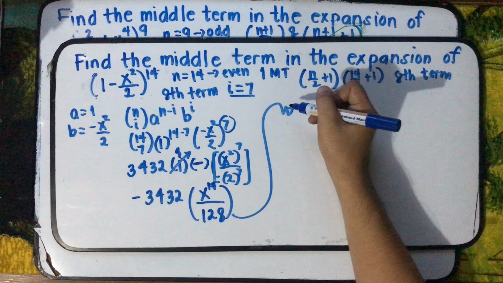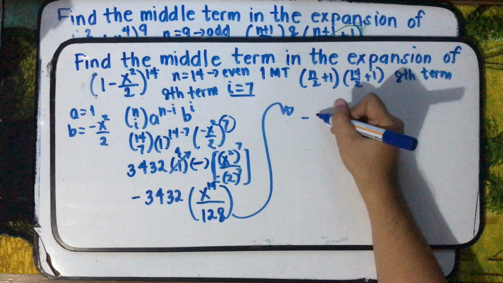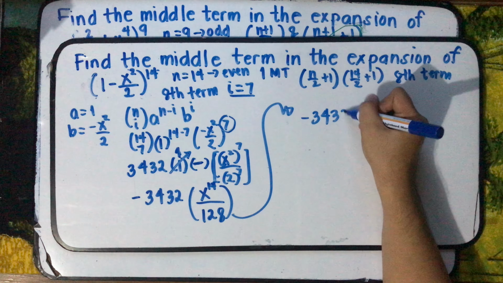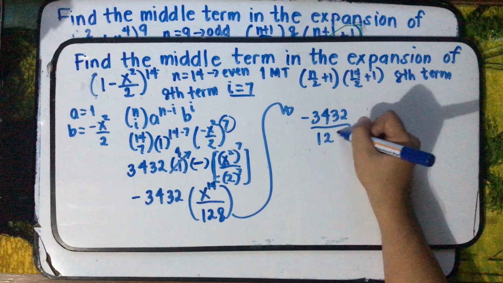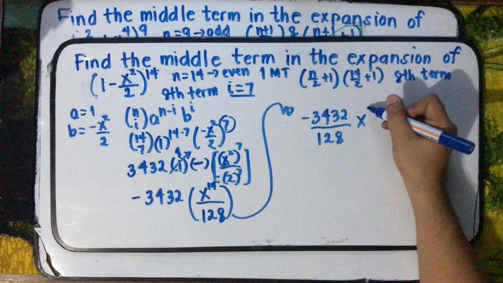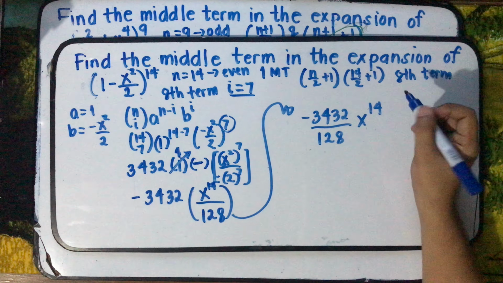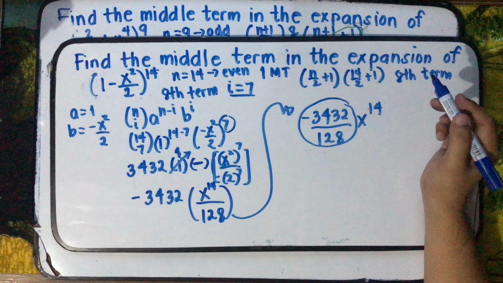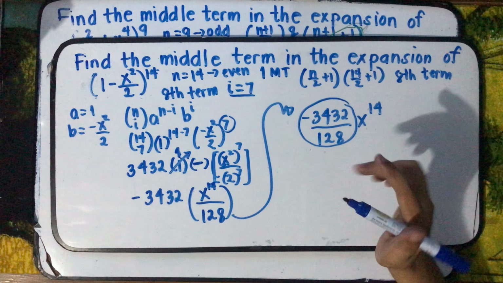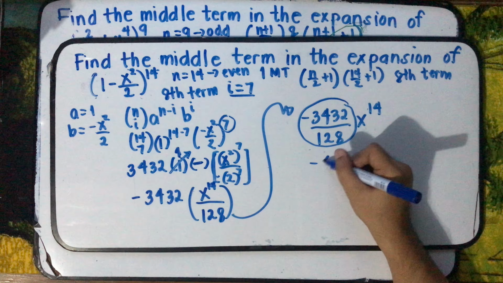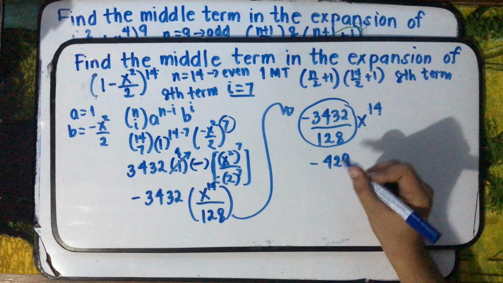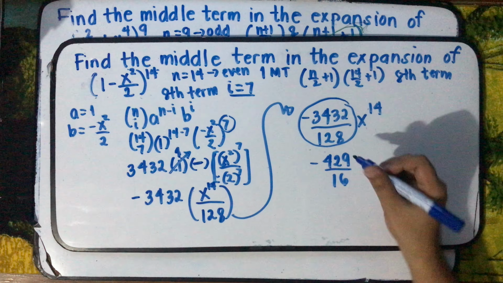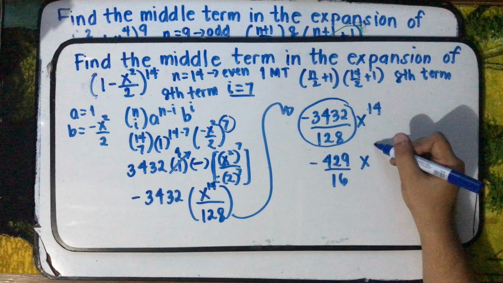Simplifying, we now have negative 3,432 over 128 x raised to 14. And simplifying negative 3,432 over 128 in lowest terms, it becomes negative 429 over 16 x raised to 14.